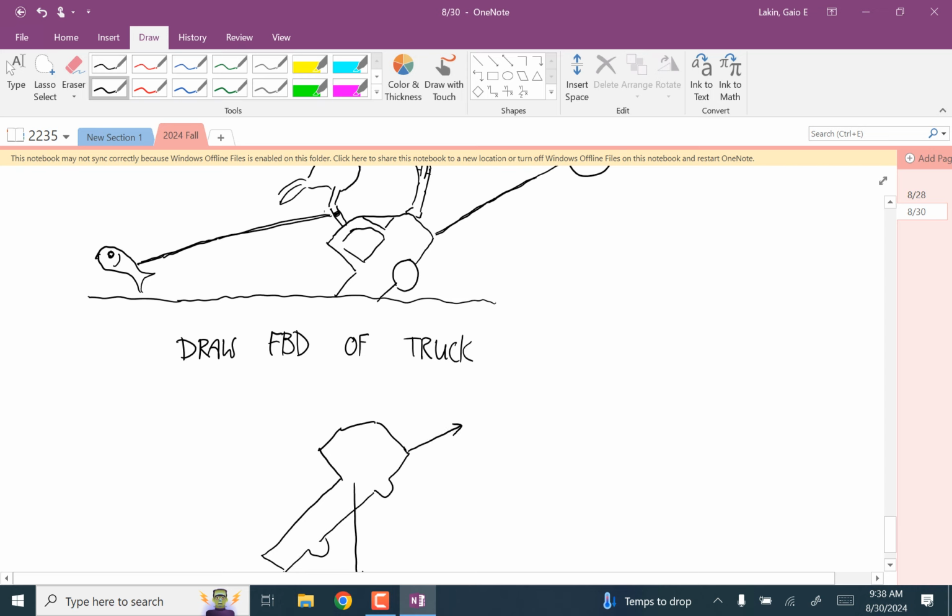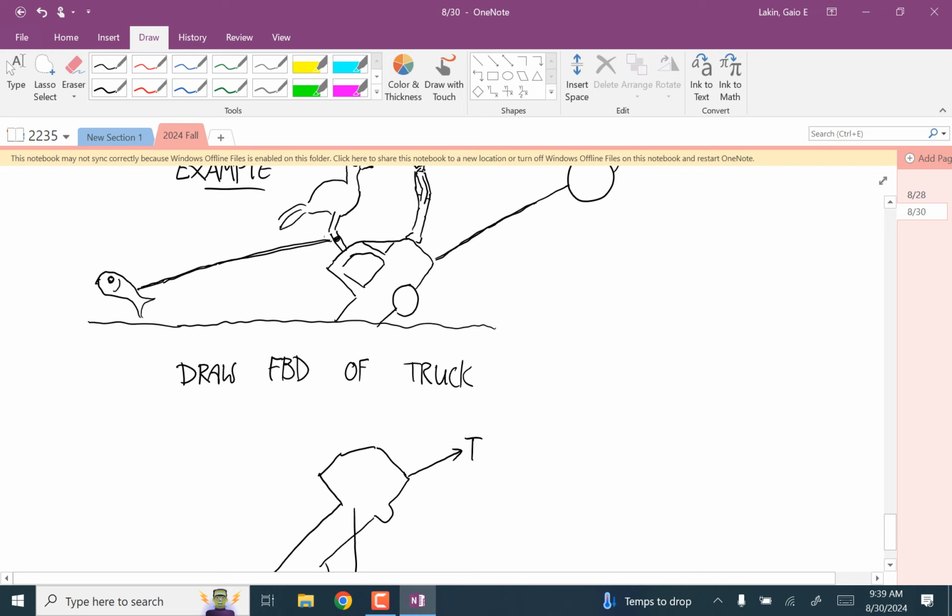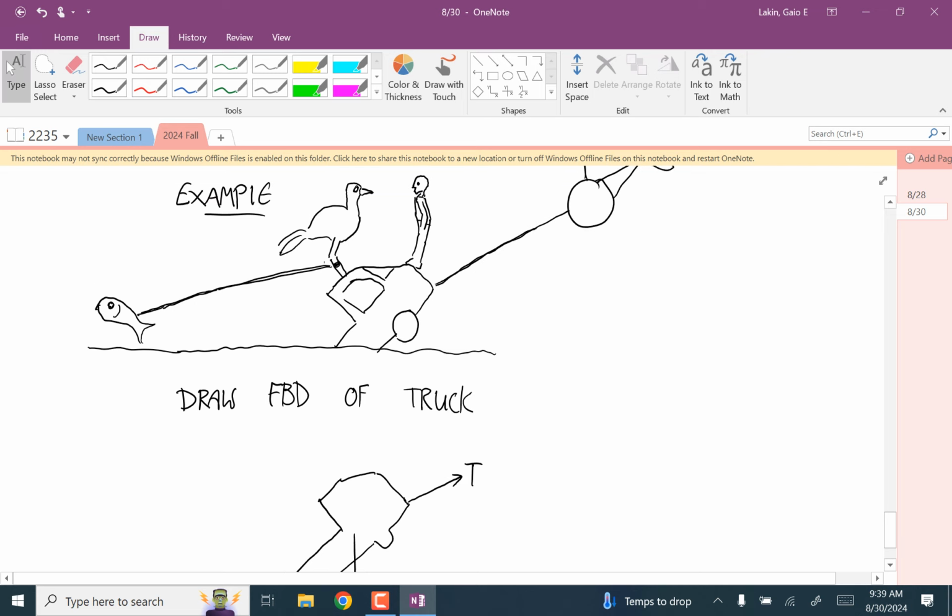Cable forces act away from the body, parallel to the cable, so I'll write that as T. Then the second force is a contact force from the man. I'm going to treat that as just a force pushing down.